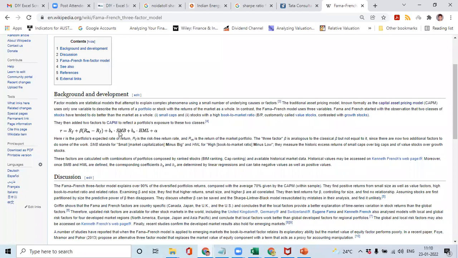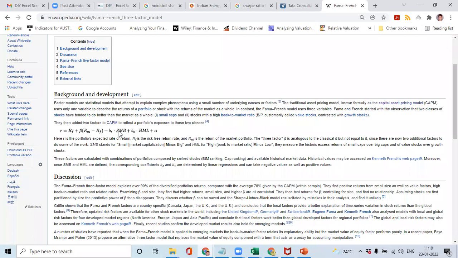So this is the equation. These guys try to enhance the CAPM model. The CAPM model is nothing but the risk-free rate plus beta into something. Now they extend it to the next stage. They explain any excess returns or some anomaly, where some extra thing is going on.